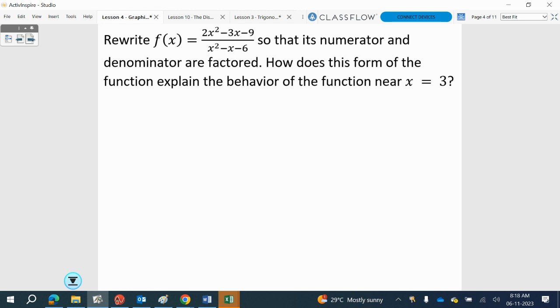Just write the function. So can you check how to calculate?